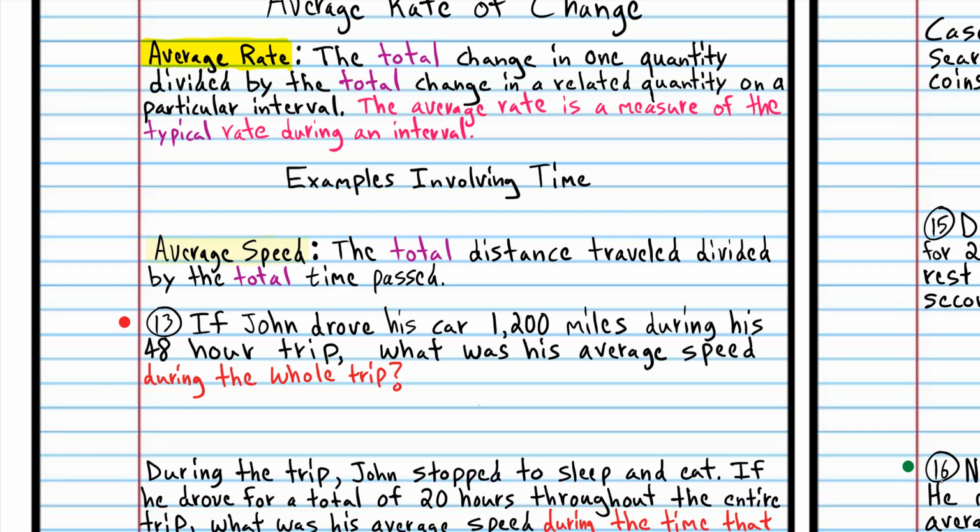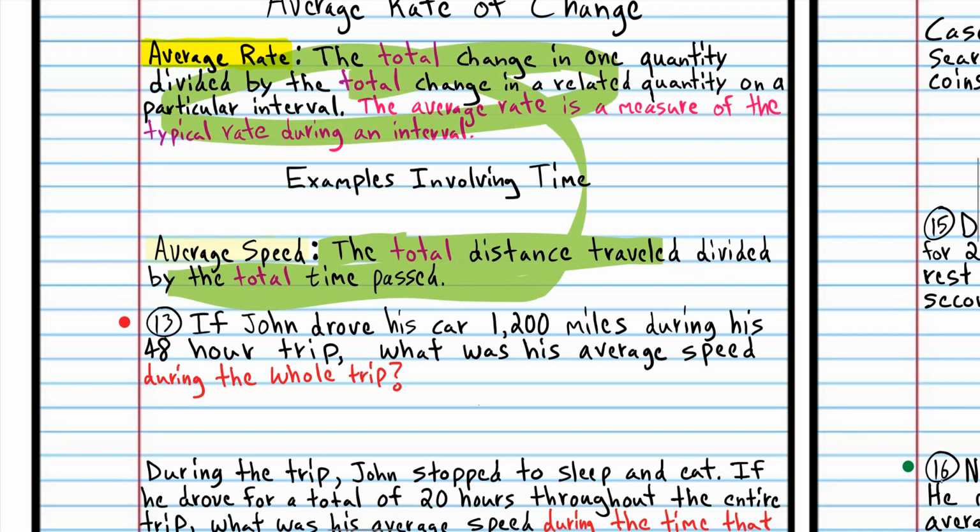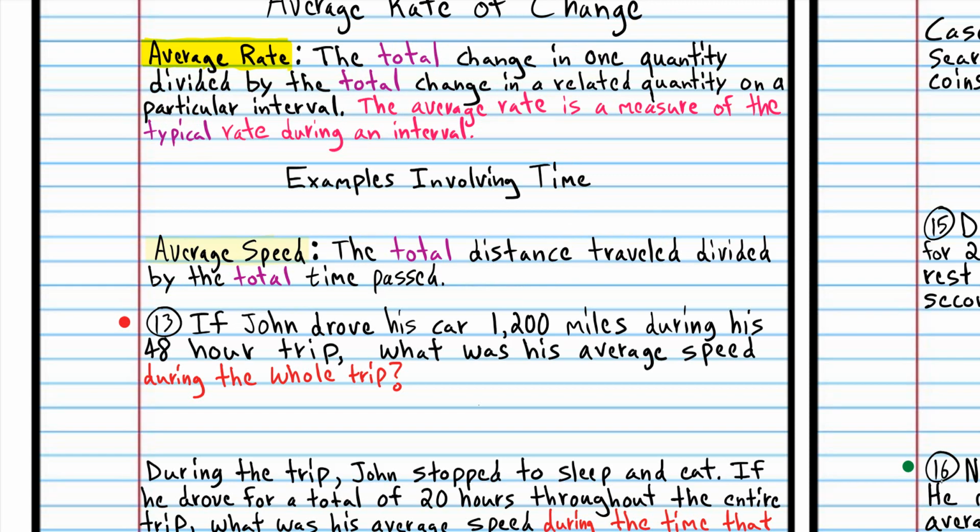If you consider the average speed, it is assumed to be the total distance traveled divided by the total time that has passed. You can interpret this using this general idea, but it does get a little ambiguous as to how we're going to do this.